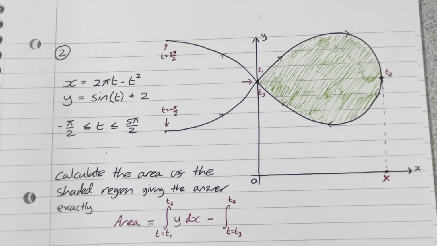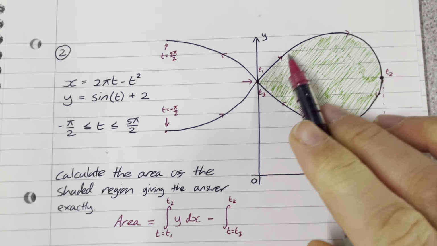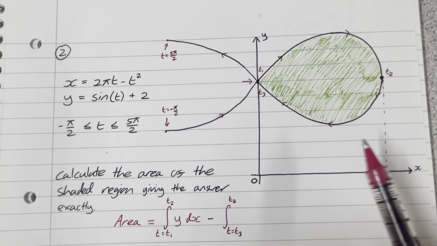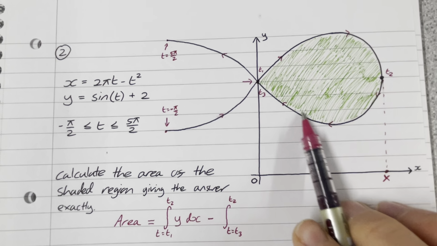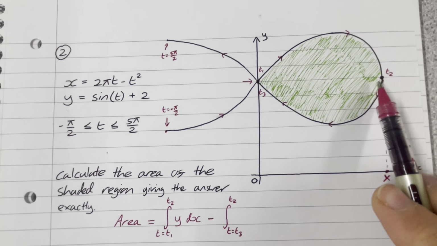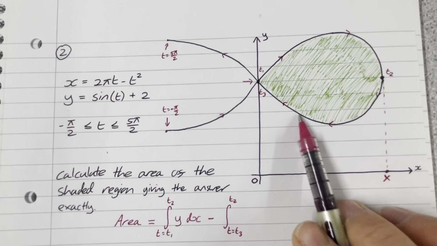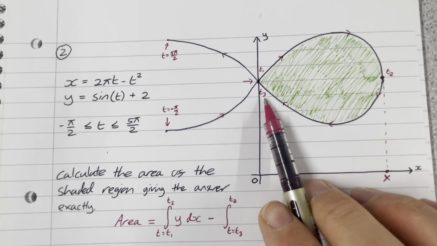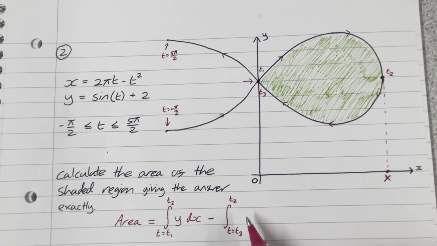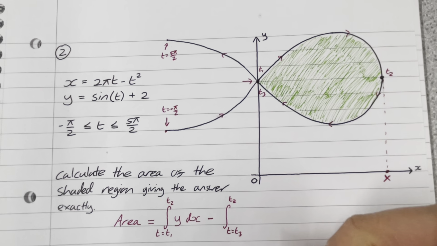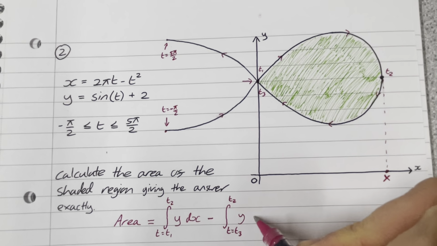That's the direction of the curve as t increases, and that's important because the area under this curve is going from x is 0 to x is capital X along the bottom curve, which is t3 to t2, even though t3 is bigger than t2. So you can get integrals where the bottom number is bigger than the top, and this is such a case. That's because the curve is going backwards, from right to left, of y with respect to x.